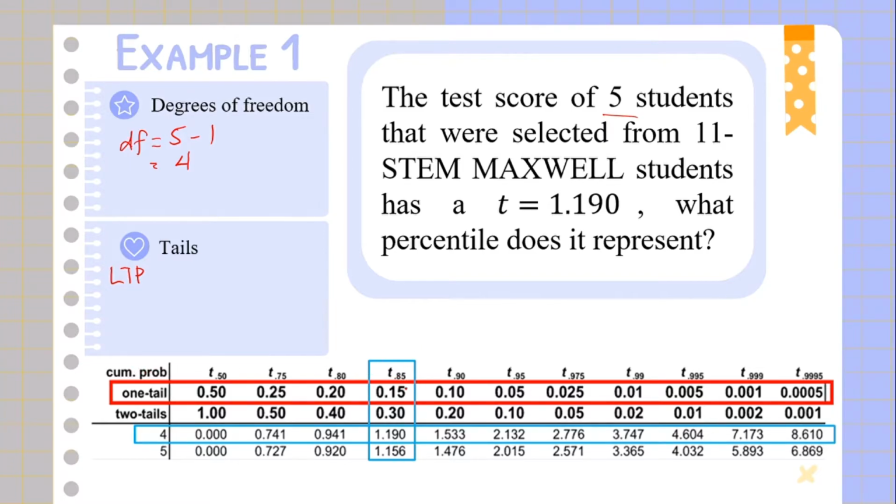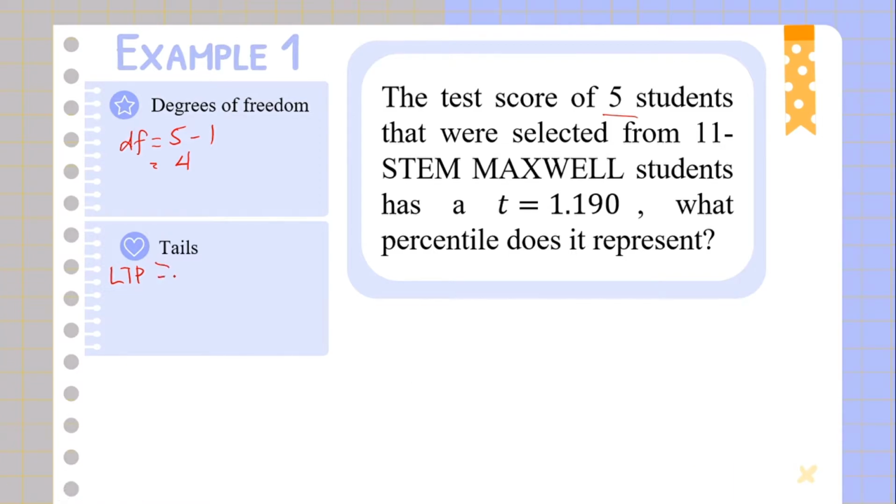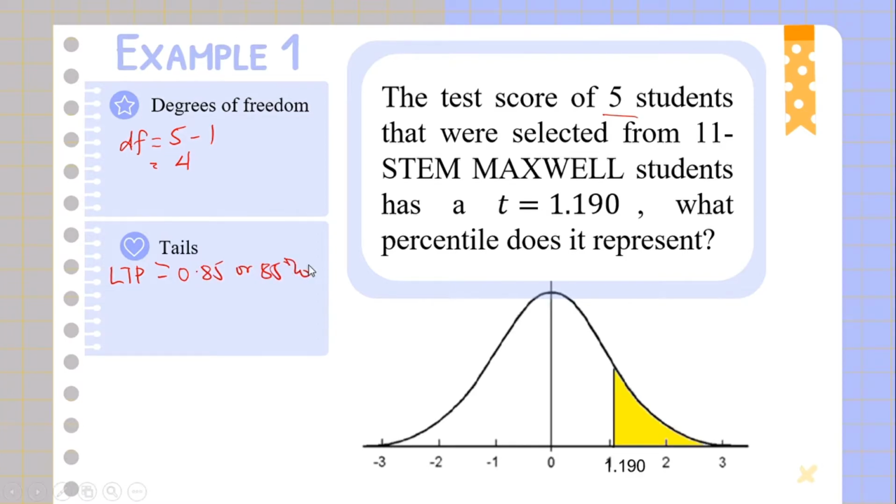And yun ay yung 0.85. So, 0.85 or 85%. Ibig sabihin, yung 1.190 is yung 85th percentile. And 85th percentile corresponds to 85% or 0.85. So, ito yung ating lower tail probability.